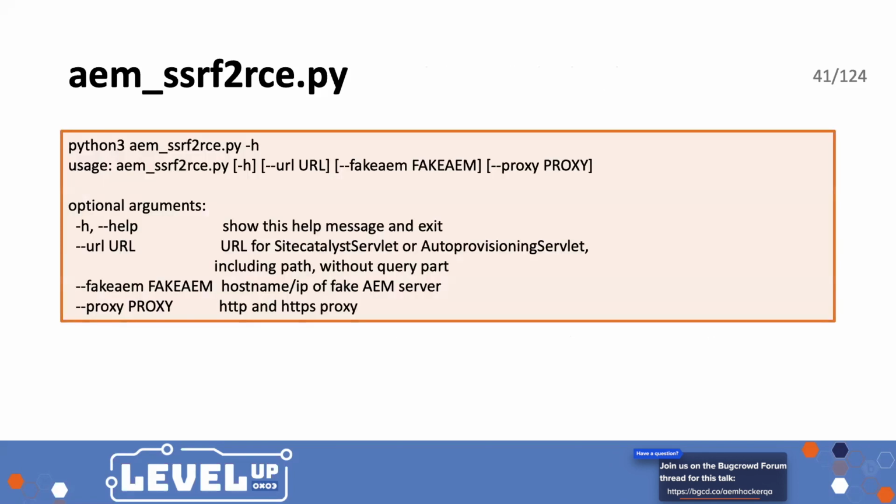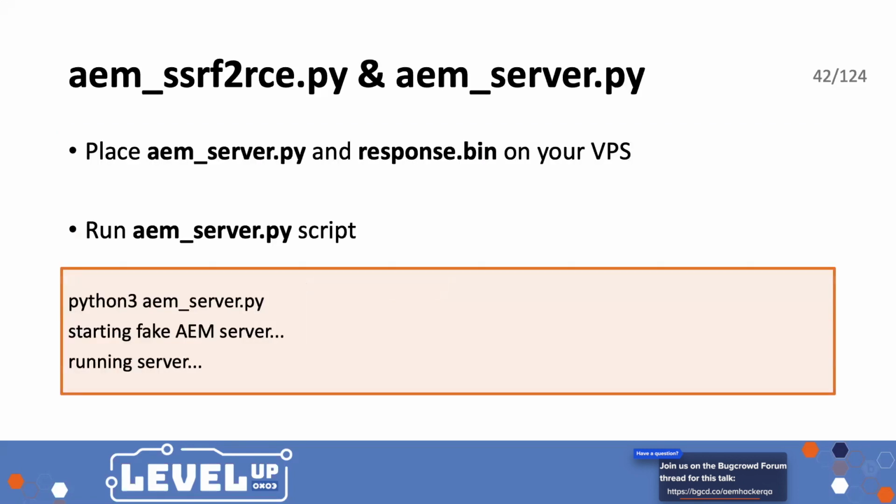Here is the help message for the AEM SSRF to RCE tool. First, you should run the AEM server script on your VPS. It mimics the reverse replication process by serving the file response.bin.